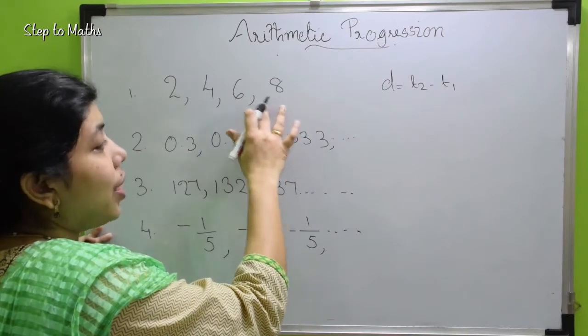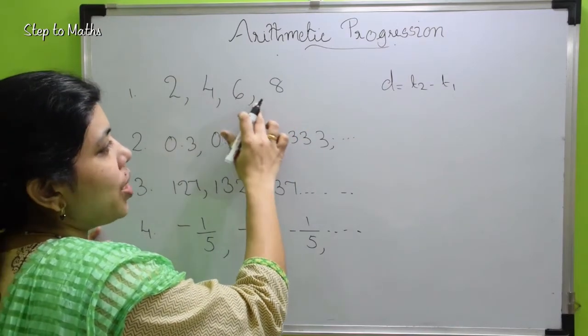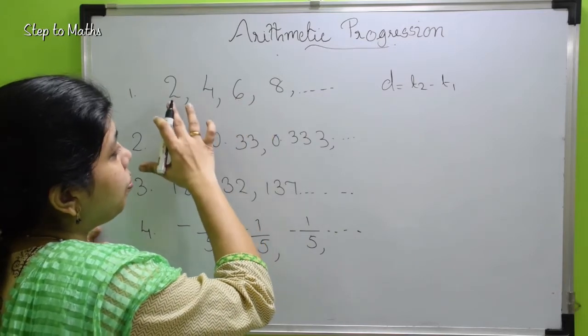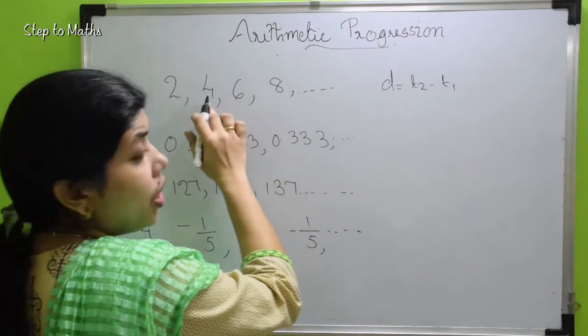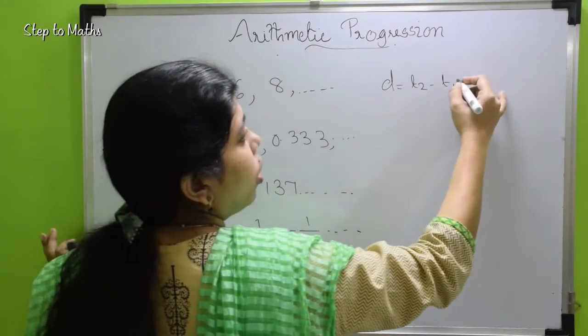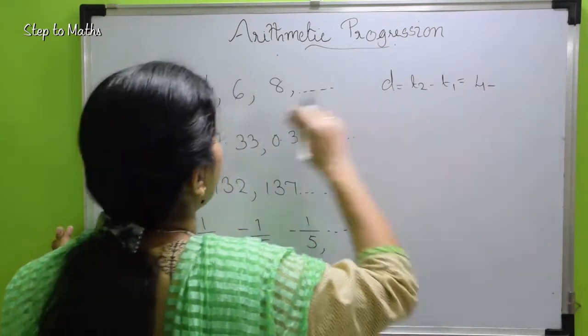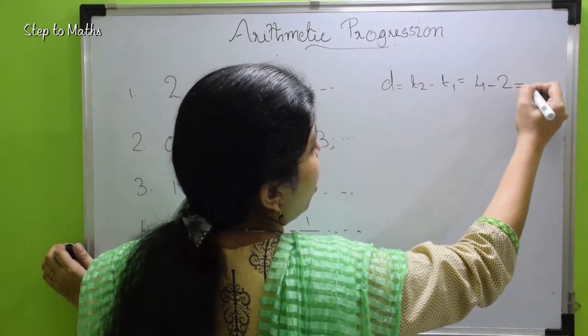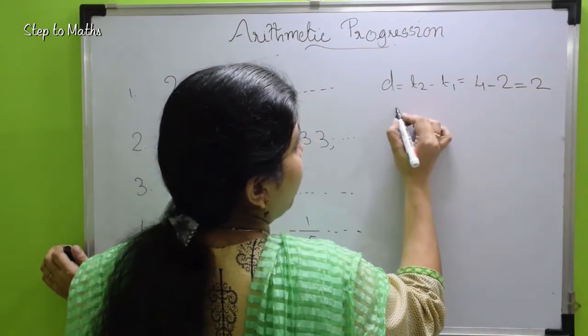First sequence, which we already discussed: 2, 4, 6, 8, etc. Here T2 is 4. So 4 minus T1, which is 2, the first term. 4 minus 2 is 2.